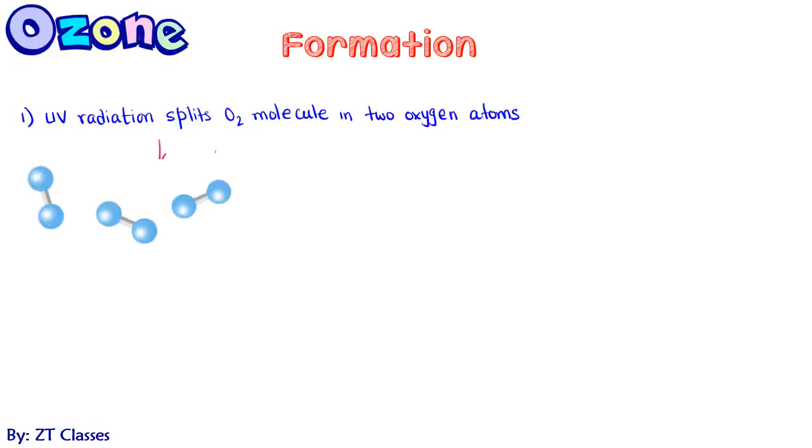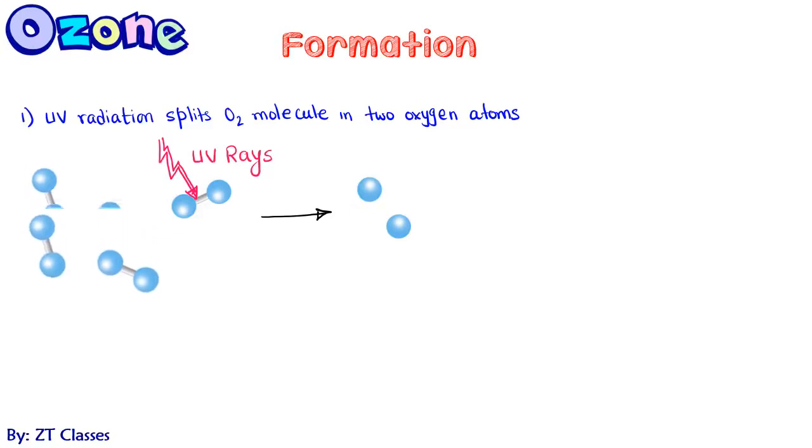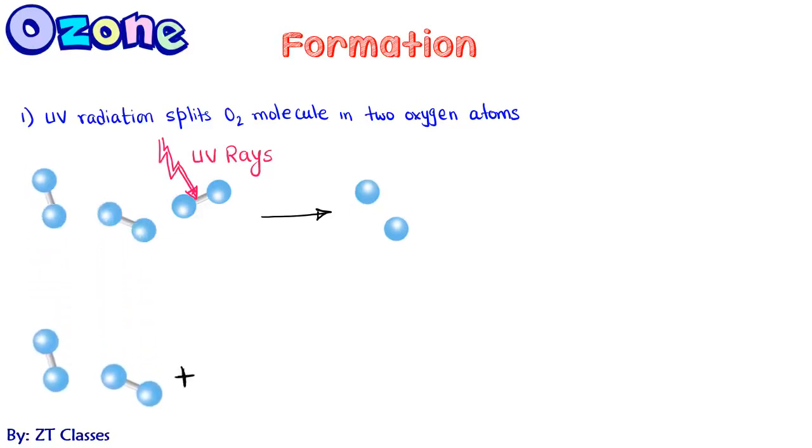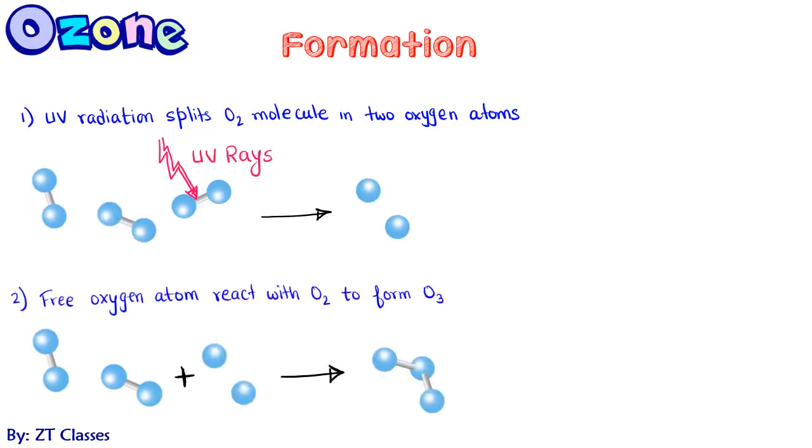Ozone is formed naturally in the air. The UV radiations received from the sun split the oxygen molecules into oxygen atoms. Now these free oxygen atoms and oxygen molecules combine together to form ozone molecules. The reaction for formation of ozone can be written in 3 steps.